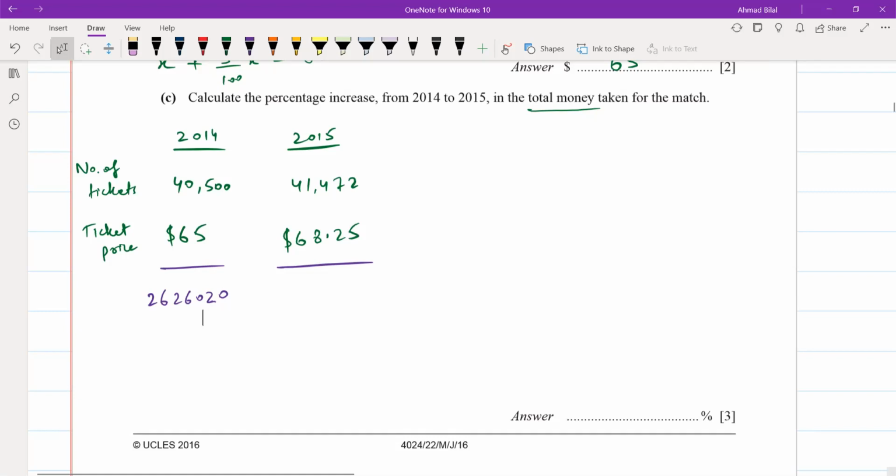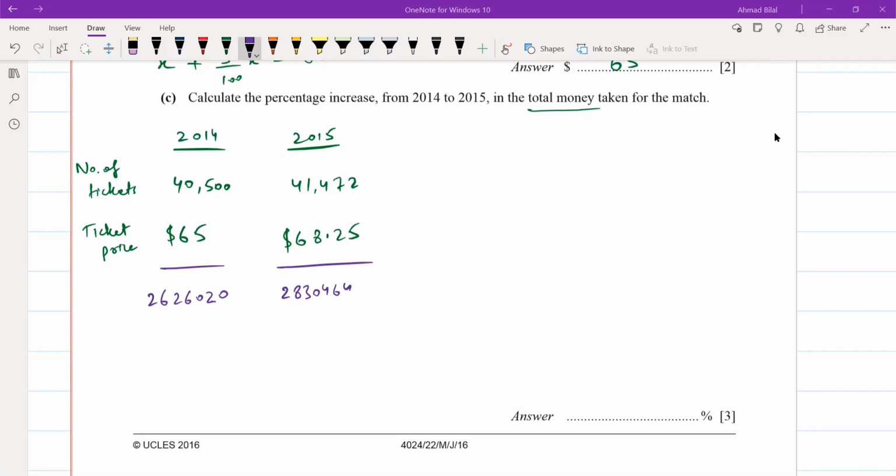What about that? That's 2830464. All right. ये आपके पास total money आ गई दोनों years के अंदर.